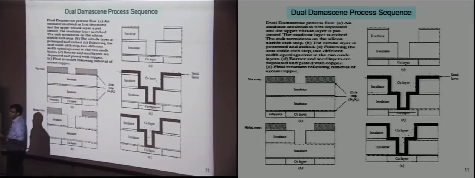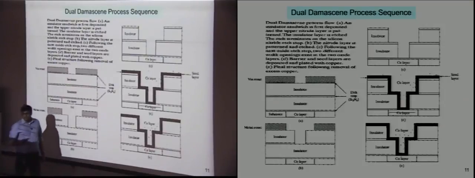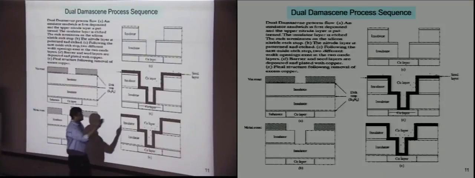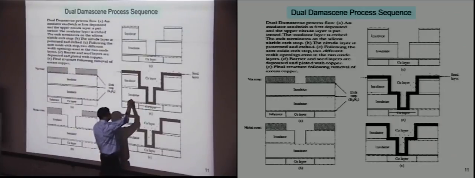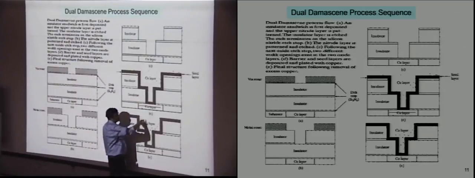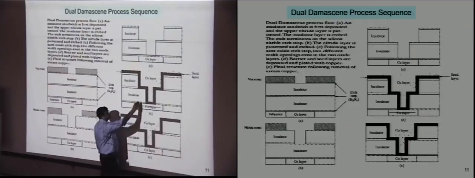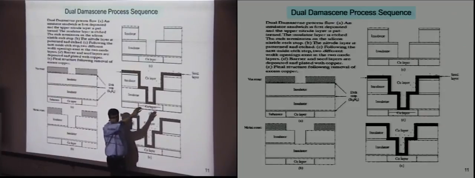The second is that copper can diffuse. Copper can actually diffuse into silicon and silicon oxide very nicely if you heat it up too high. So in order to prevent the copper from diffusing into the insulator or into the underlying metals and things like that, you need to put a diffusion barrier in between.